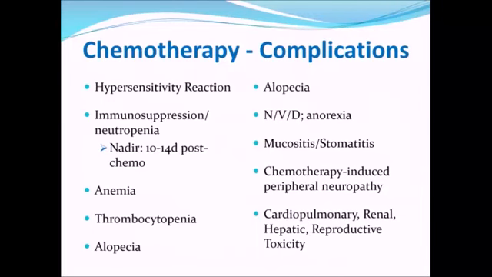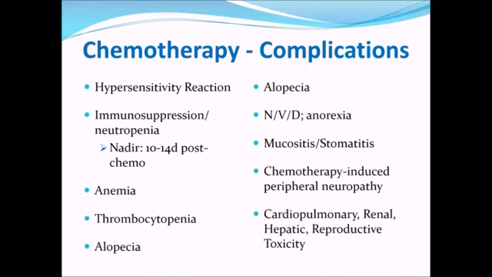You'll hear the term nadir, which refers to the period of time where their white blood count is going to be at the lowest. And if you think about the leukocyte life cycle, this is going to happen 10 to 14 days post-chemo. That is when your patient is at highest risk for contracting an infection that can become deadly to them.